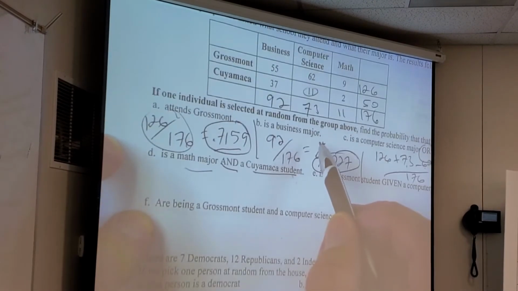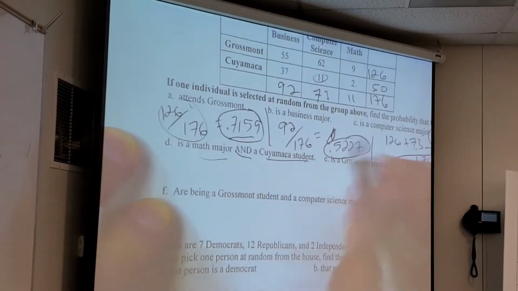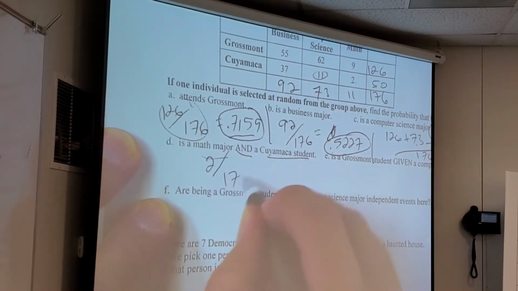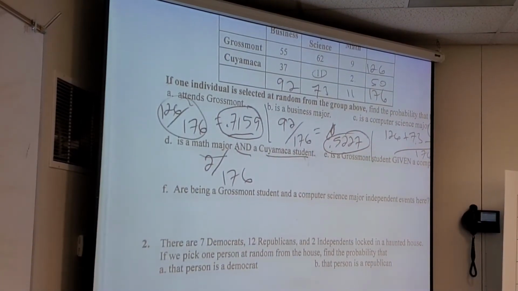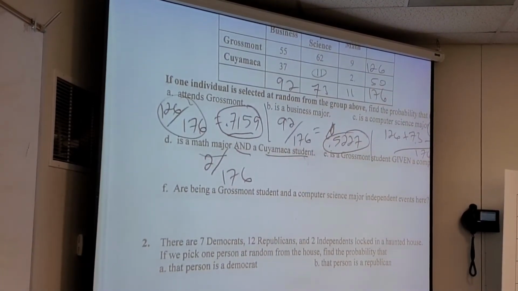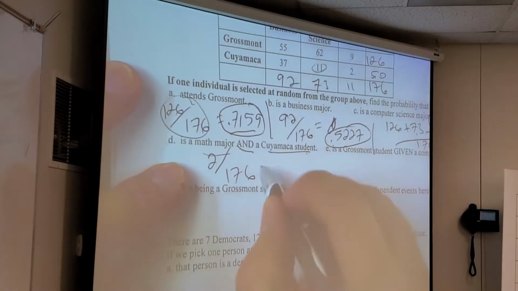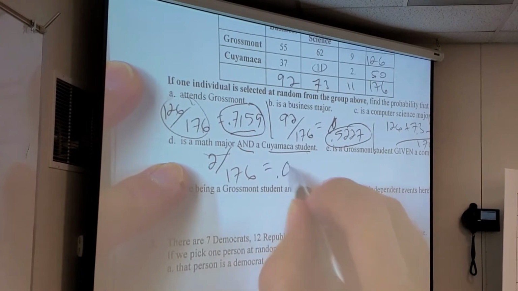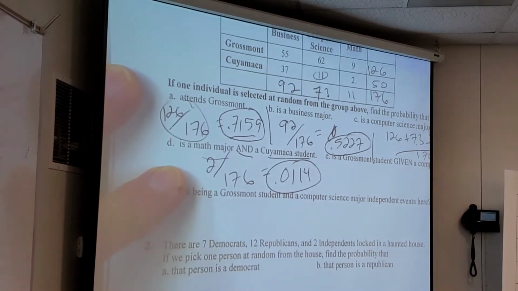How many? 2. Two math majors are also Cuyamaca students, out of 176. I never know what's up with the students. 0.0114. Okay.